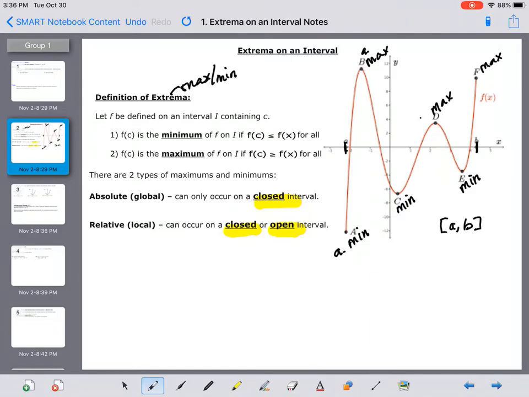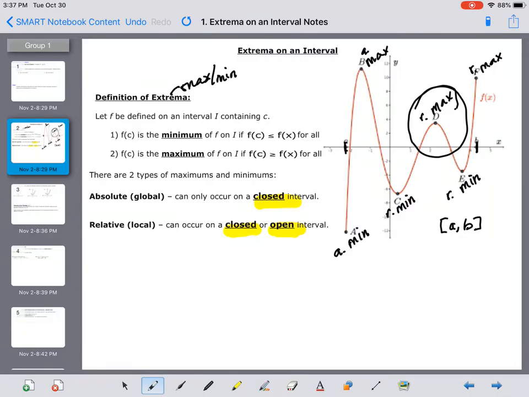That means that every other max and min is relative. They're only maxes and mins for the area that they're in. For instance, D is a max because for the area, the points directly to the left and directly to the right, it is a high point. Every kind of max and min you have studied to this point has been considered relative, with the exception of our parabola. That actually has an absolute minimum or an absolute maximum because of its shape. But the rest of the polynomials do not.